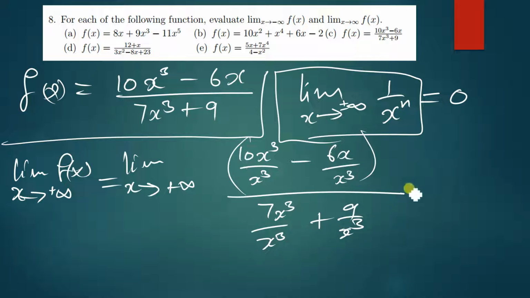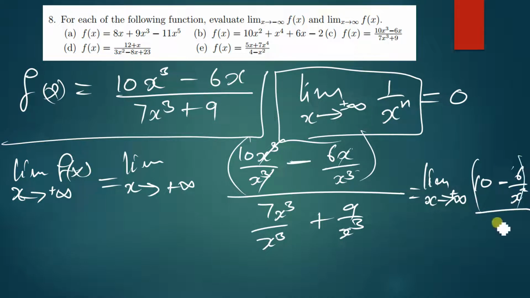When we do the division, we have the limit as x approaches positive infinity of 10, the x to the power 3 terms cancel, minus 6 over x squared, and everything divided by 7 plus 9 over x to the power 3. So when you distribute the limit to each term in the expression, you're going to have something like this.